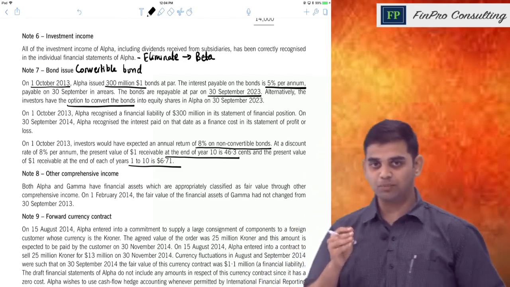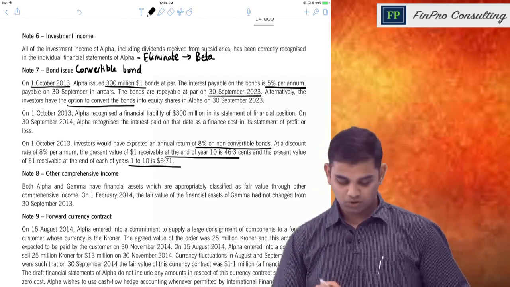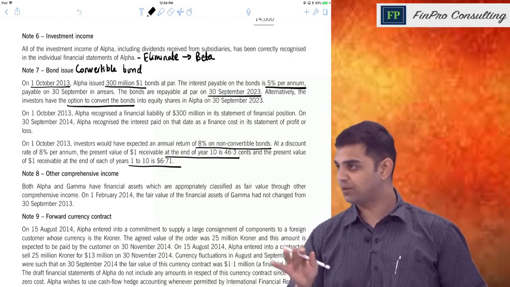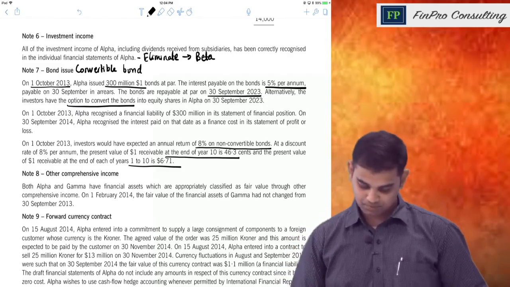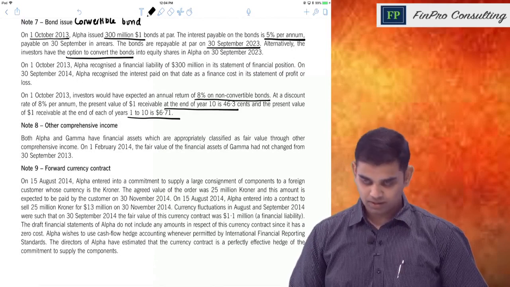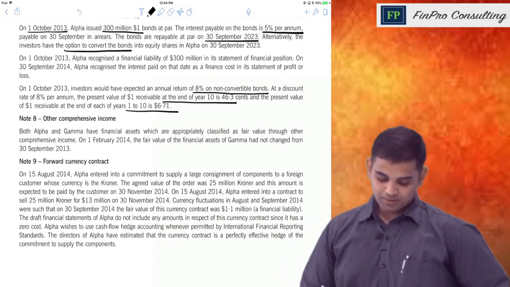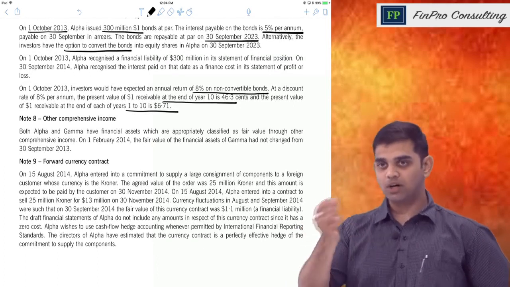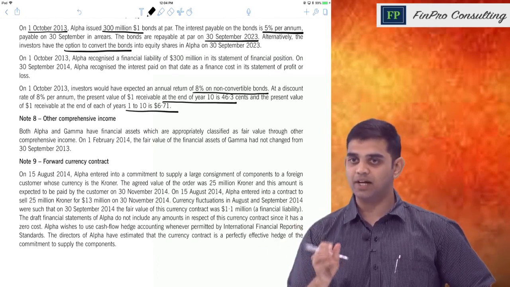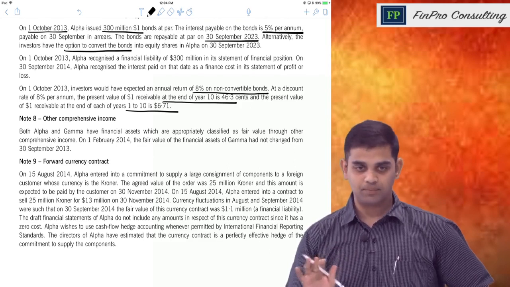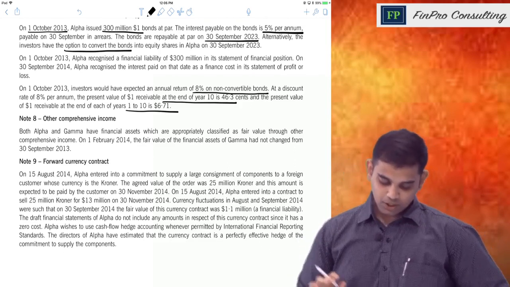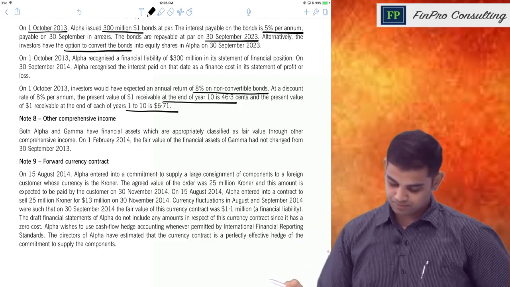You don't have to actually plot the cash flows and calculate, or no need to do 1 divided by 1.1 etc. They make your life little bit easier, don't worry. Now similar to our earlier problem, only thing is they have given an interest component and it is a P&L problem, that's it.